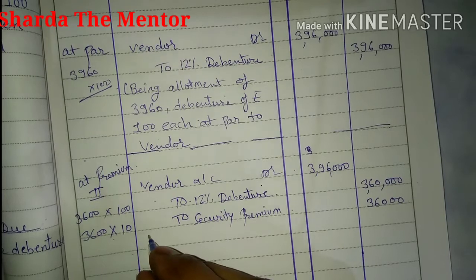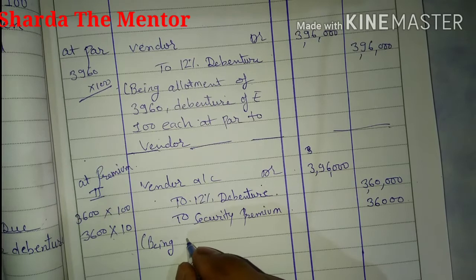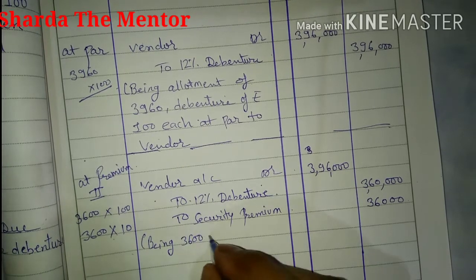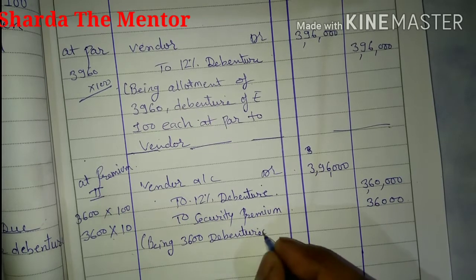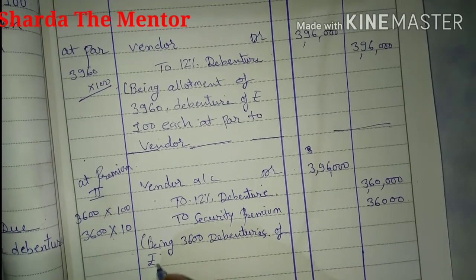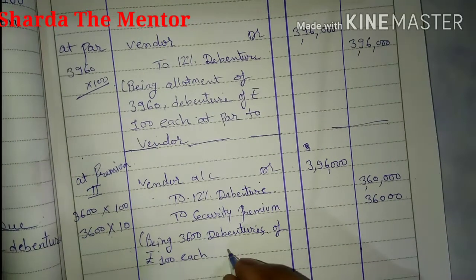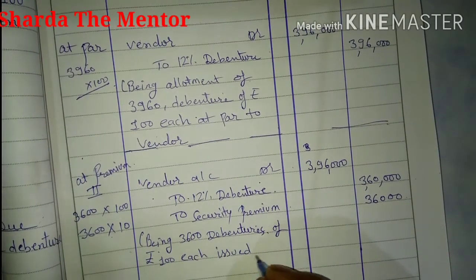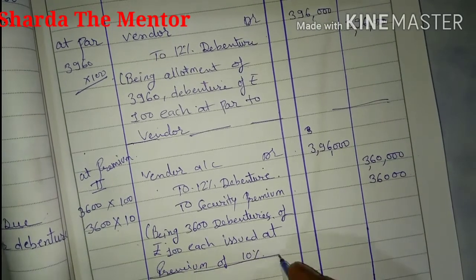Now the narration you will pass: being 3,600 debentures of rupees 100 each issued at premium of 10%.